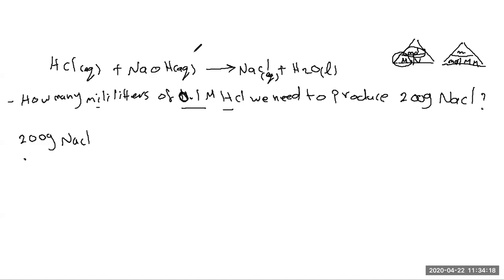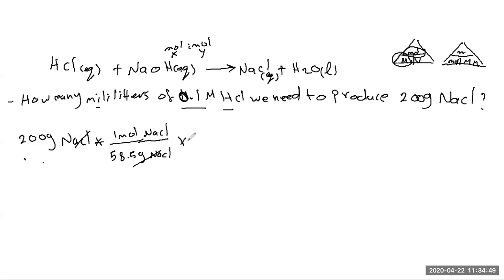Now, don't forget the mole to mole ratio between two chemicals, X and Y. So first of all, we will convert the mass of NaCl to mole. So here, times 1 mole divided by molar mass, which is 58.5 gram NaCl, to cancel this one with this one. Now we get the mole of NaCl.